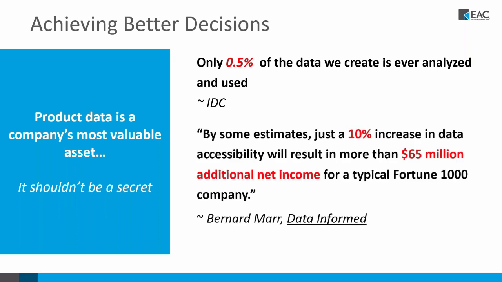And by some estimates, about a 10% increase in data accessibility will result in more than 65 million additional net income of a typical Fortune 1000 company. That's a quote from Bernard Marr. So there's significant value in making data accessible, and really the intention of ThingWorx Navigate and the EAC Productivity Apps is to help that happen and to give the rest of the organization access to product information.